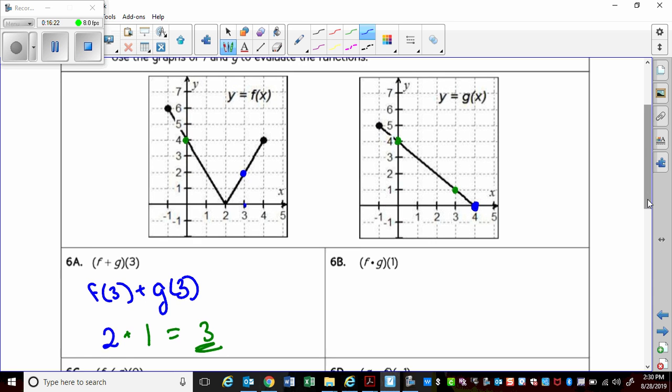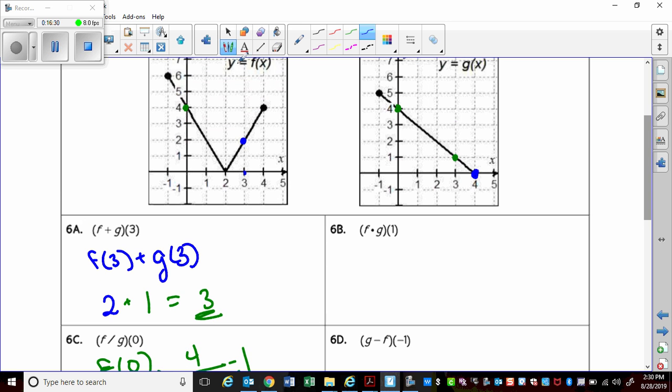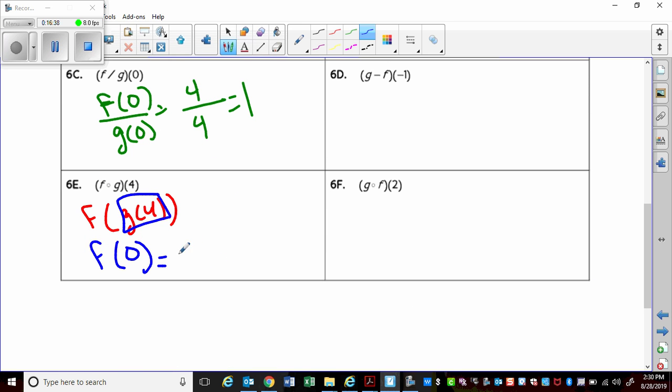My y value is 0. So this means that I'm going to plug in 0 for the f function. I'm going to go to the f function, start at 0, and go up to my graph. We're at 4. So f at 0 is equal to 4. This is my answer. f of g at 4 equals 4.